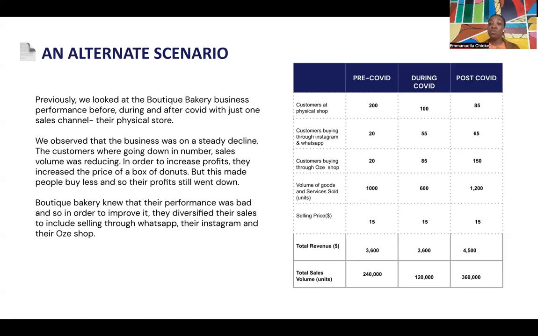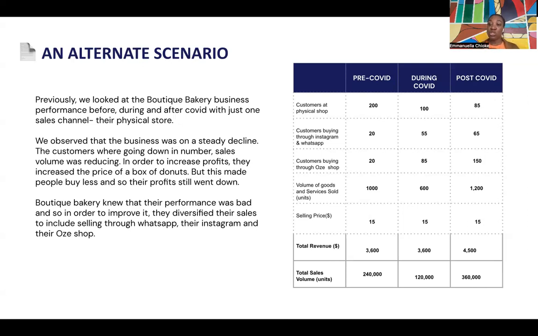We will add the 200 customers at the physical shop, plus the 20 customers buying through Instagram and WhatsApp, plus the 20 customers buying through the Ozy Shop. And we will multiply that total by the selling price to get our total revenue for the business pre-COVID. We would do the same during COVID, and we would do the same post-COVID.